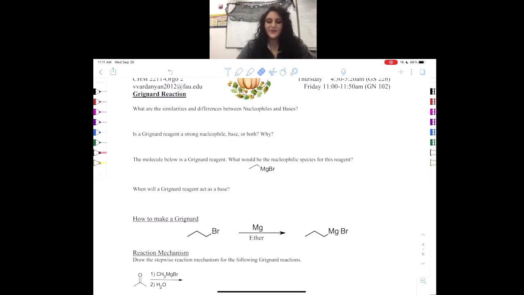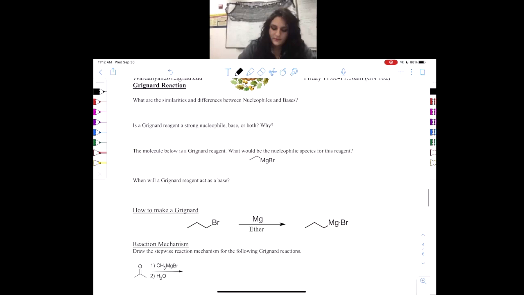Awesome. So anything with a negative charge is either a nucleophile or a base. And so we know that one of the similarities between a nucleophile and a base is that they want to be electron rich.